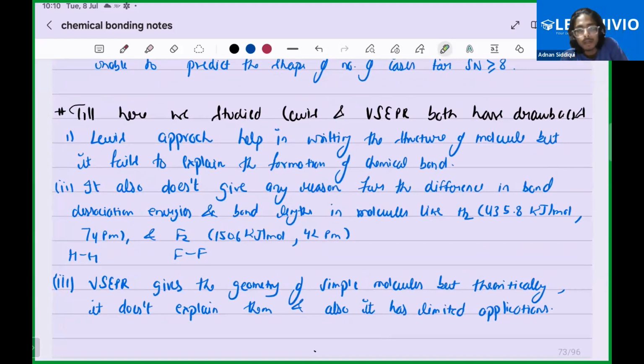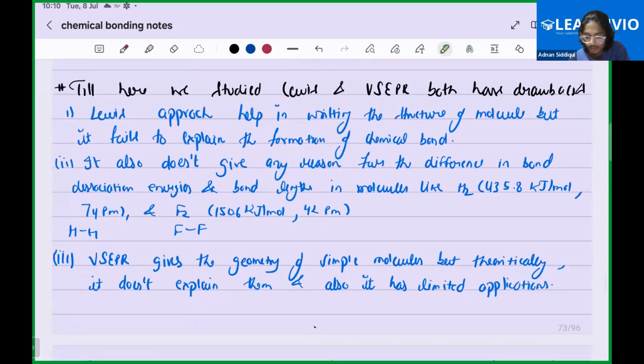Lewis' approach helped in writing the structure of a molecule, but it fails to explain the formation of a chemical bond, right? It also does not give any reason for the difference in bond dissociation energy and bond length in molecules like H2 and F2. The bond dissociation energy for H2 is 435.8 kilojoule per mole, but for F2 it is 150.6.